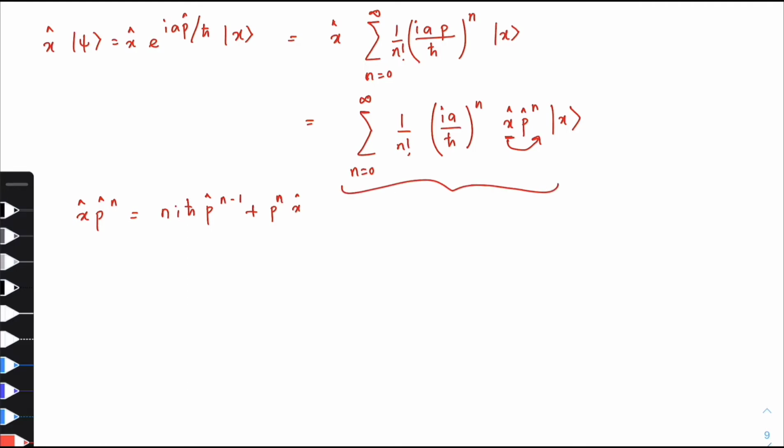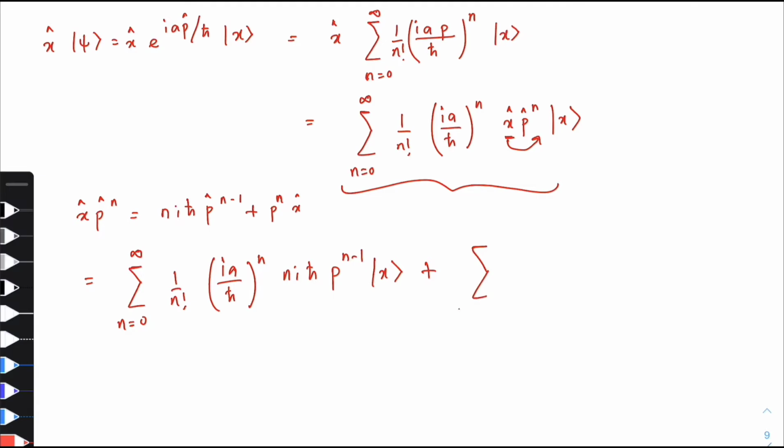So this summation splits into two terms. The first term is the sum from n equal to 0 to infinity of 1 by n factorial, i a by h bar to the power n, times i h bar n P^(n-1) |x>, plus the sum from n equal to 0 to infinity of 1 by n factorial, i a by h bar whole to the power n, then P^n X as an operator acts on the ket.